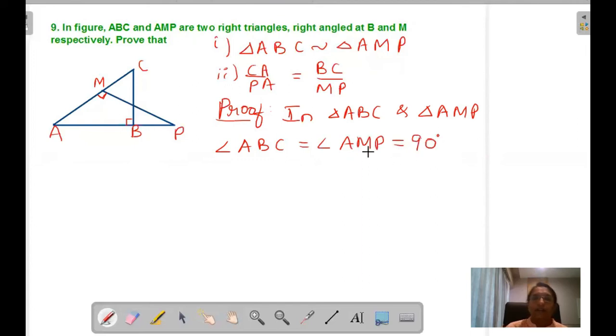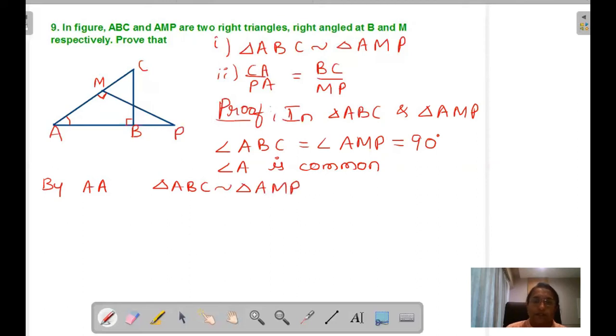One more angle we have to write. See here, ABC, this angle, AMP, again this angle. So angle A is common. So by AA criteria, we can write triangle ABC is similar to triangle AMP.